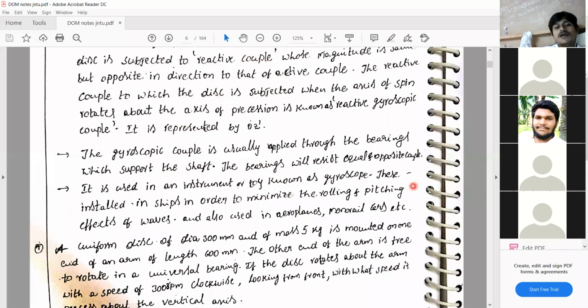So that is a great benefit for balancing our vehicles, and it is very important.